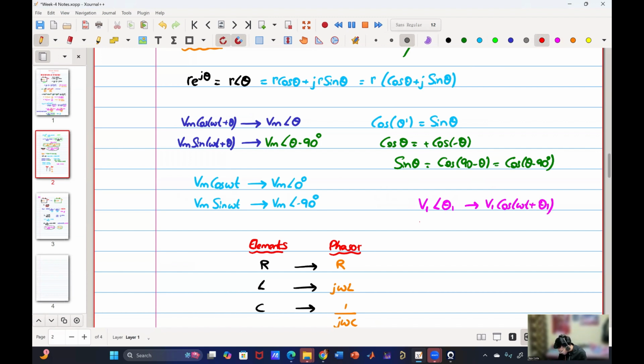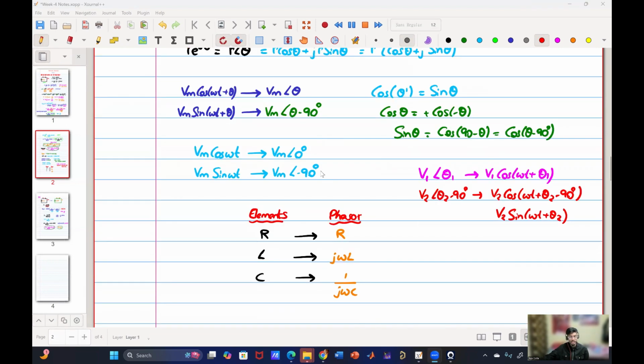Now if I have V2 angle theta 2 minus 90 degrees, it will become V2 cos omega t plus theta 2 minus 90 degrees. This can be written as V2 sine omega t plus theta 2, because cos of theta minus 90 is nothing but sine theta. Sir, I am saying omega t as reference. Yes, omega t is taken as reference.